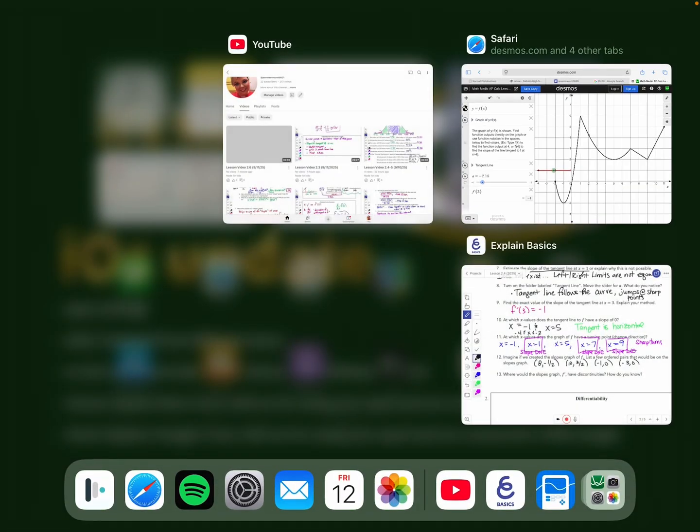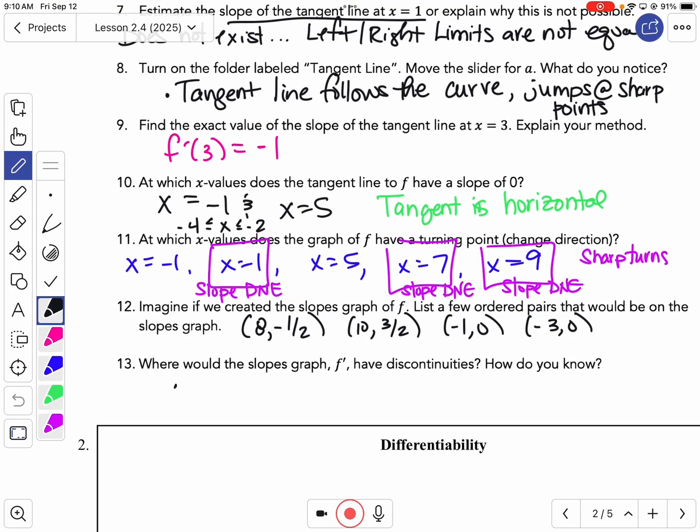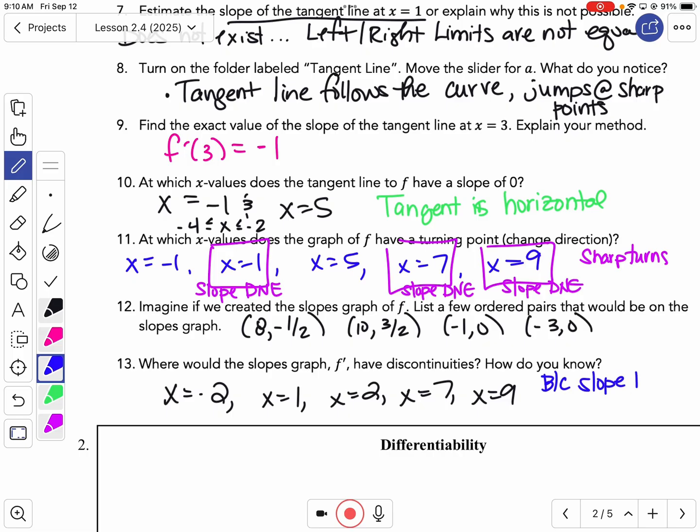So we would have discontinuities at x equals -2, at 1, at 2, at 7, and at 9. The reason that happens is because the slope does not exist there. Our slope doesn't exist at those points.